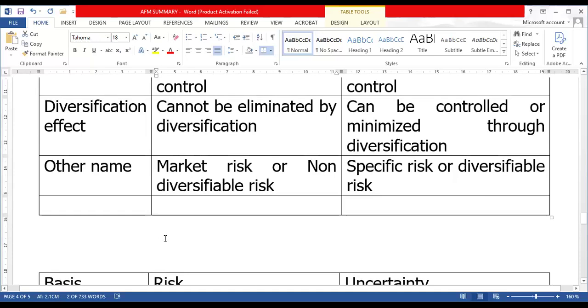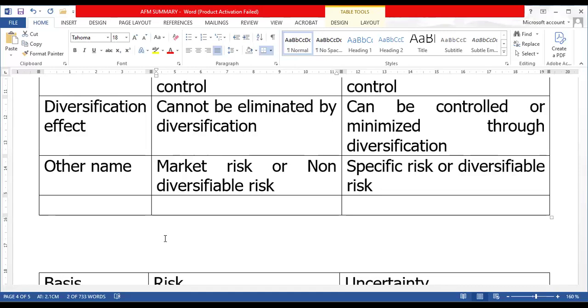Diversification means you can decide to invest in different projects. Let's say you're running a school. There are risks that can affect specifically the school. So if I want to diversify, I can decide to invest in another sector or industry, not in line with the education sector.